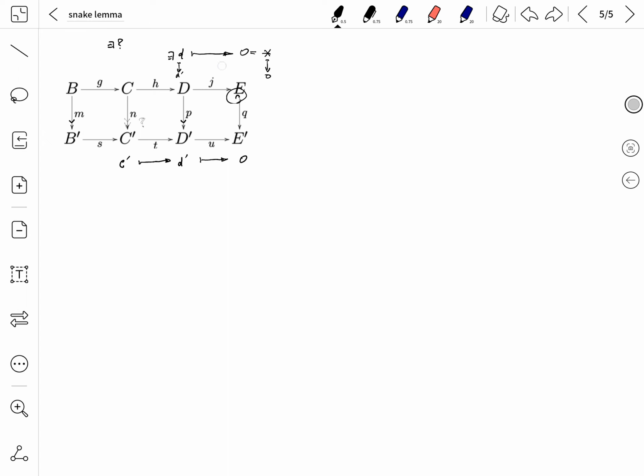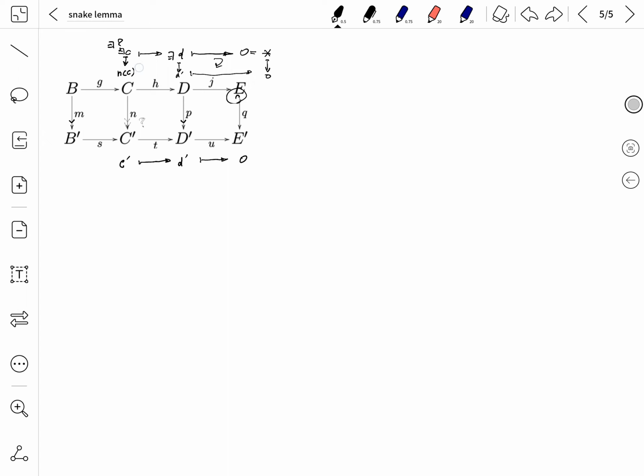Small commutative diagram. And so the exact sequence implies that there exists some element, say here, mapped to D. So the first question is whether it is a pre-image of C prime, not necessarily. So this is mapped to, let's say, NC, right?